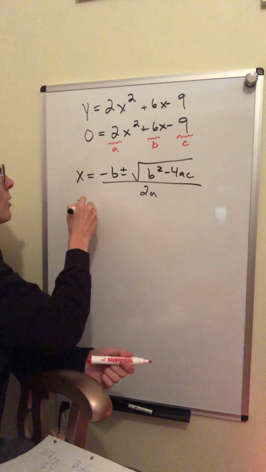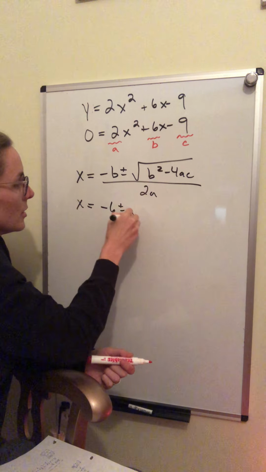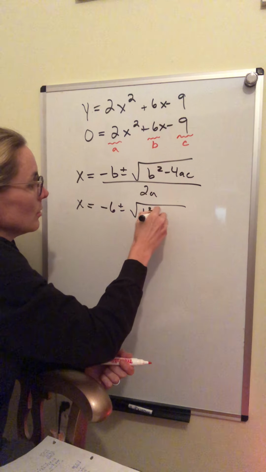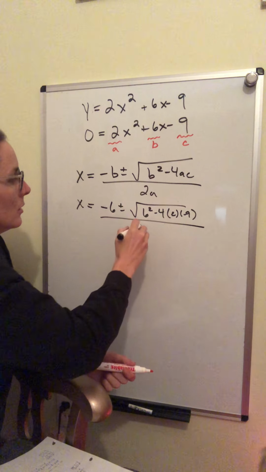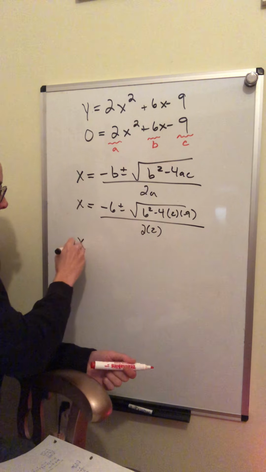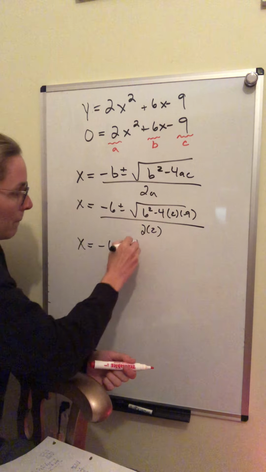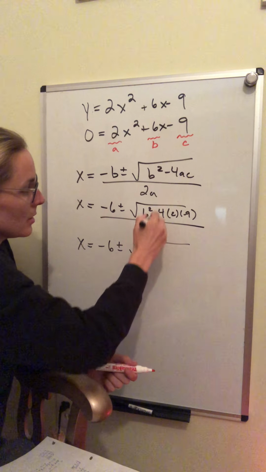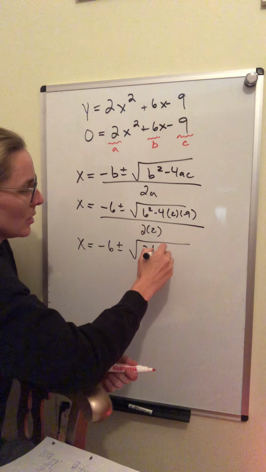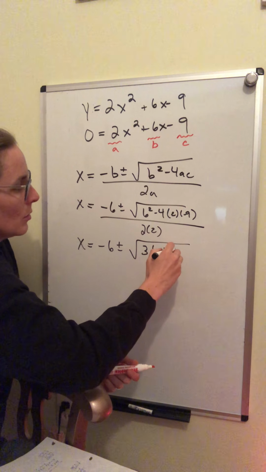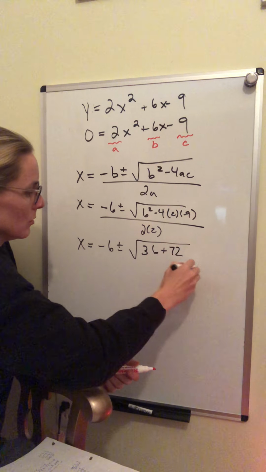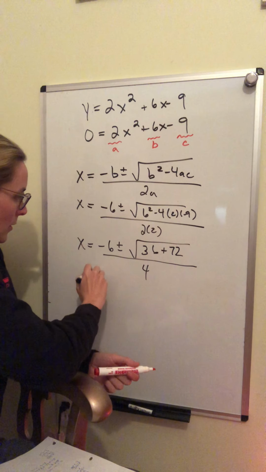Okay, so when we do that, we get negative 6 plus or minus the square root of 6 squared minus 4 times 2 times negative 9, all over 2 times 2. 36 plus 36, so 6 times 9 plus 54. No, 8 times 9 plus 72. Trying to do math in my head.